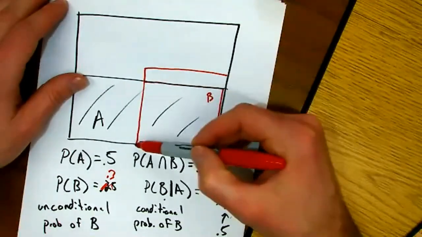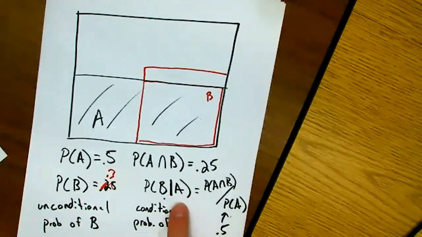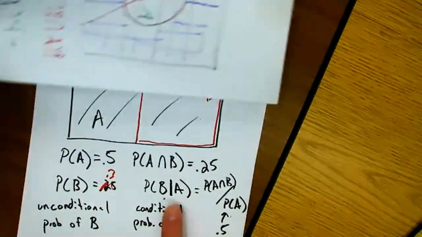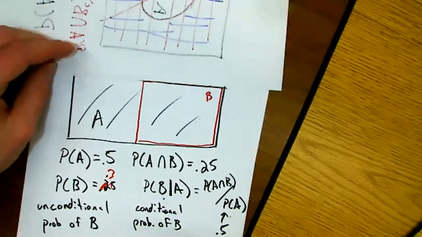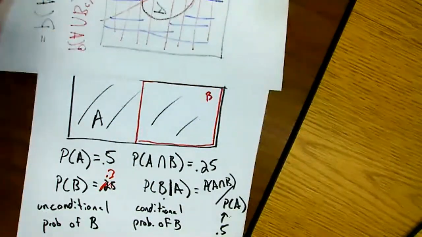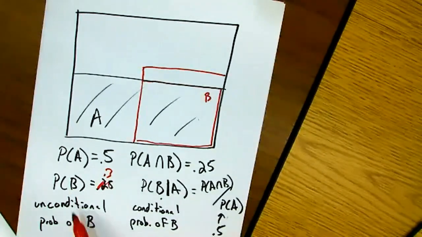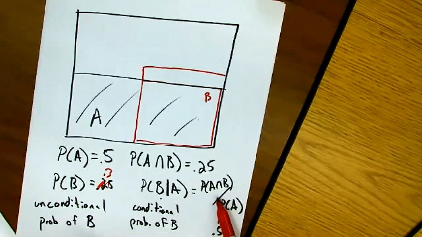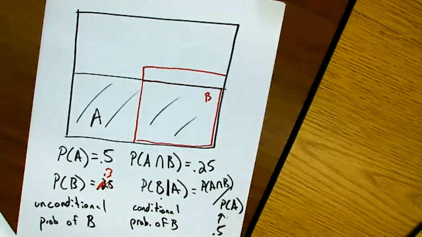So now the intersection of A and B is still 0.25. And now when I condition on A, it goes back to the exact same thing, right? Because conditioning on A eliminates all of the possible outcomes that weren't in A. So that's why we don't use the probability of B in the numerator, we use the probability of the intersection of A and B, right?